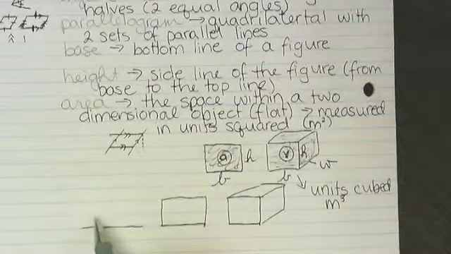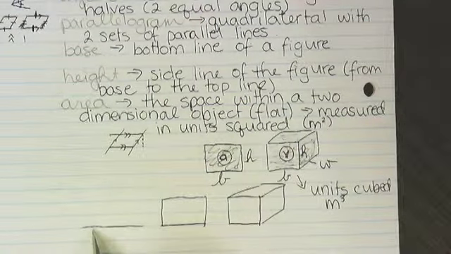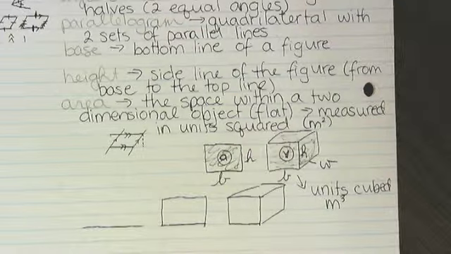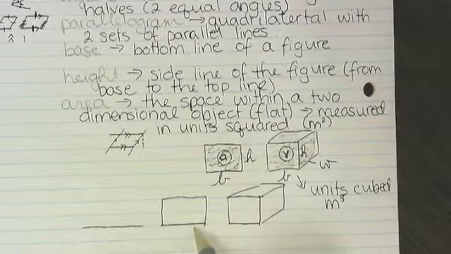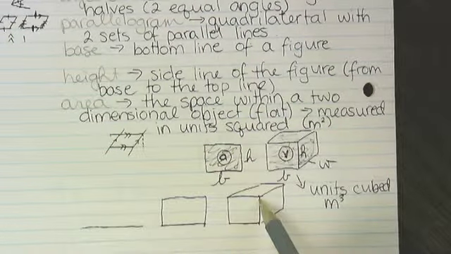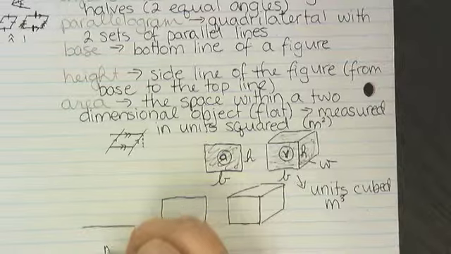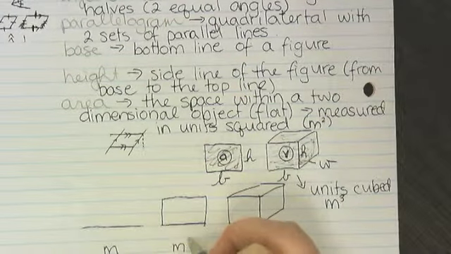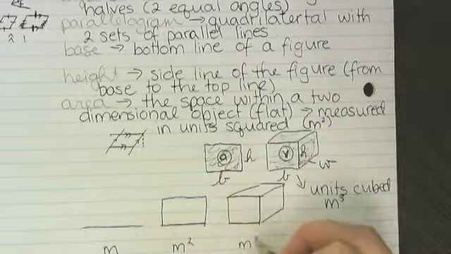Okay? So, first dimension. If you square the first dimension, turn it into a square, you've got this. If you then square that, you've got this. So this would be meters, this would be meters squared, this would be meters cubed.